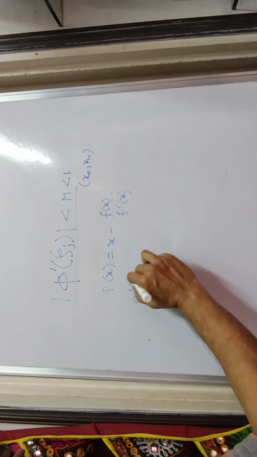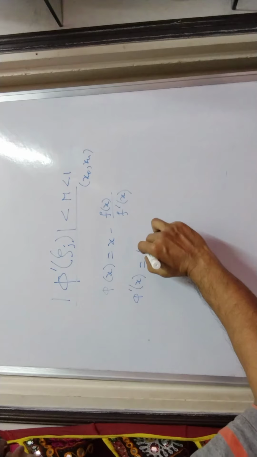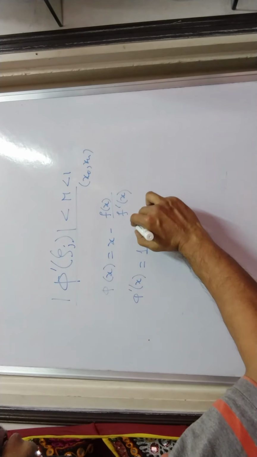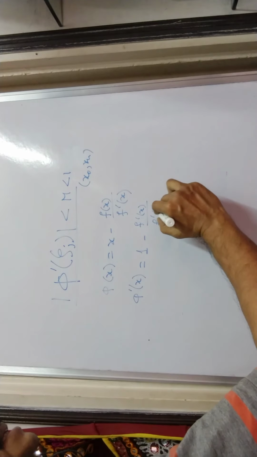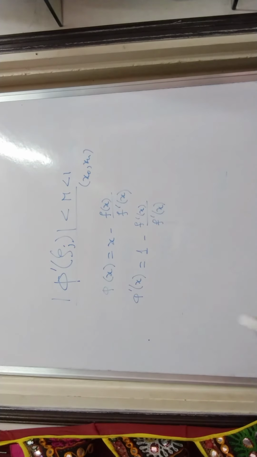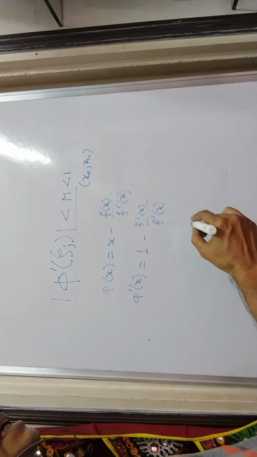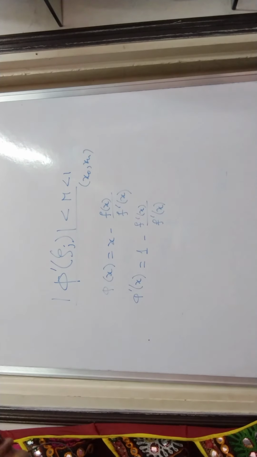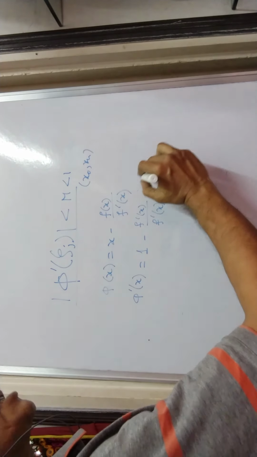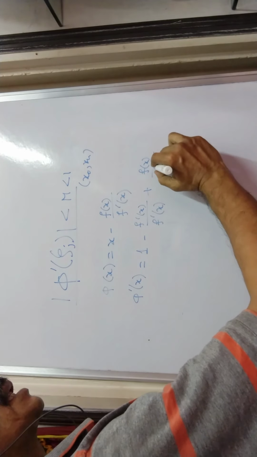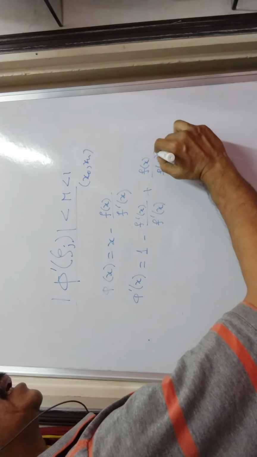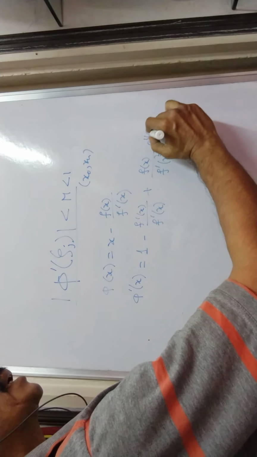We take the derivative of phi x, it becomes 1 minus f prime x by f prime x. When we take the derivative of fx, and then when we take the derivative of 1 upon f prime x, it becomes plus fx by f prime x whole square into f double prime x for chain rule.